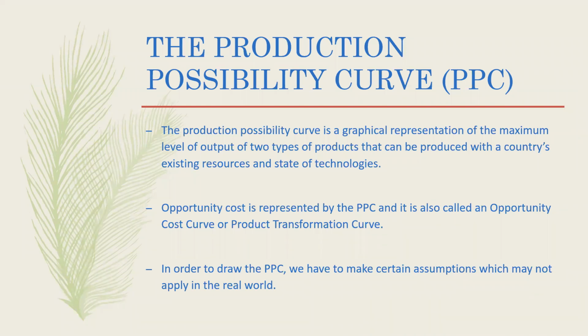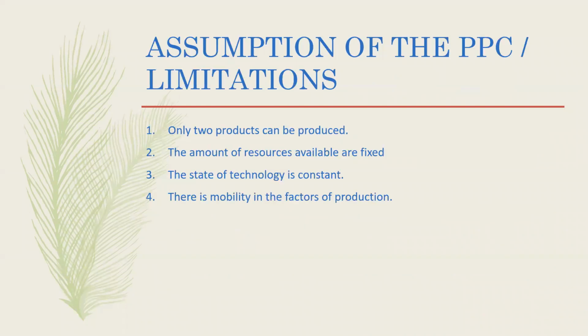I'm going to explain that in a bit. But first, let's look at these assumptions of the PPC. Again, the PPC shows the maximum amount of goods and services that can be produced with a country's existing resources. But we have to make assumptions to draw this diagram.